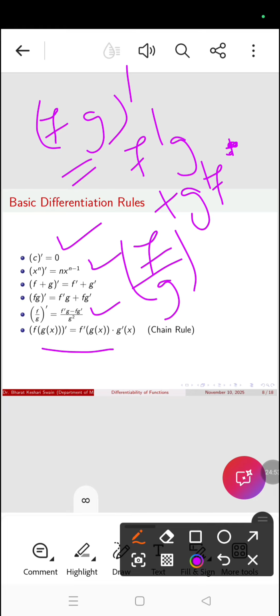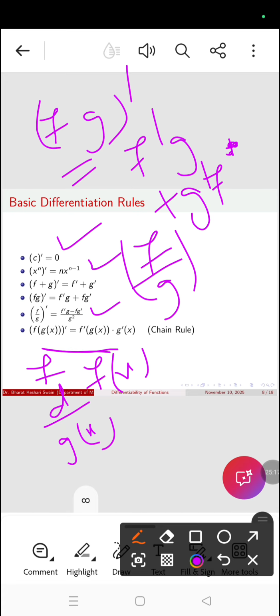And this is the chain rule. If f is a function of g(x), not only x, then what we have to do? First we have to differentiate f with respect to g(x).